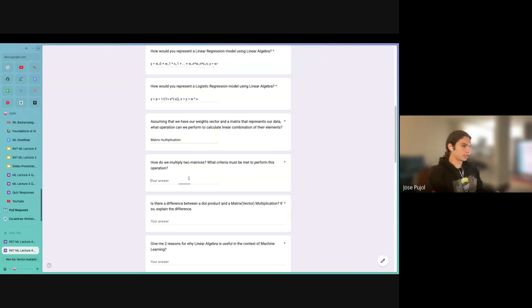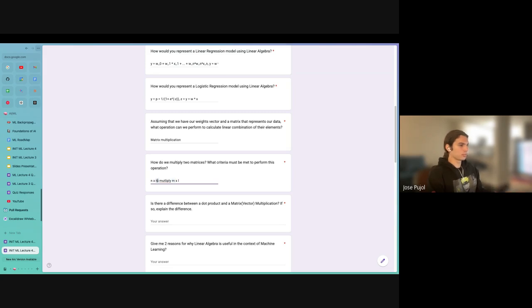So if you have, in abstract terms, an n by m matrix, and then multiply by an m by l matrix, we can see the inner dimensions: the first matrix has m columns, and this one has m rows.